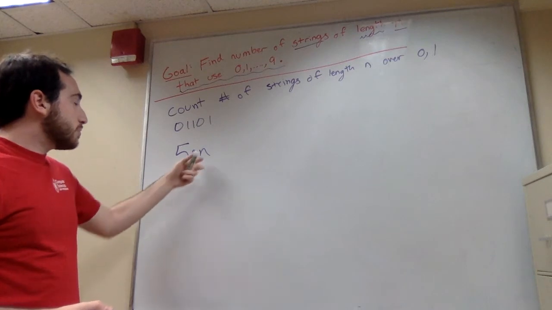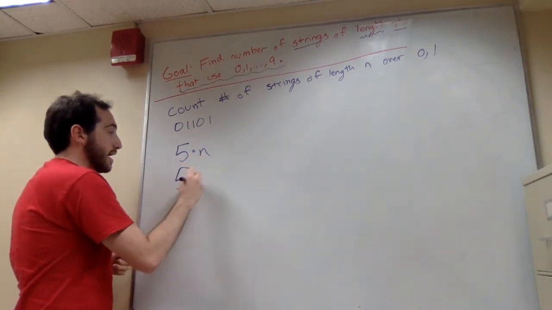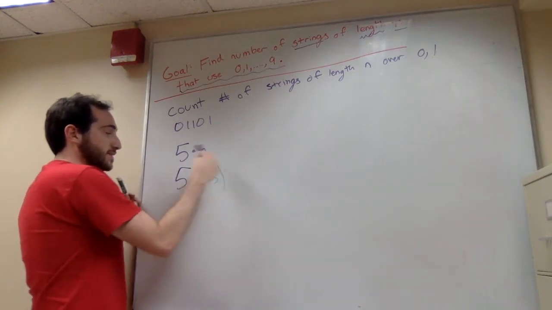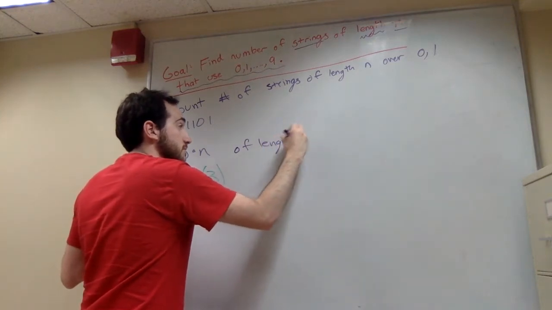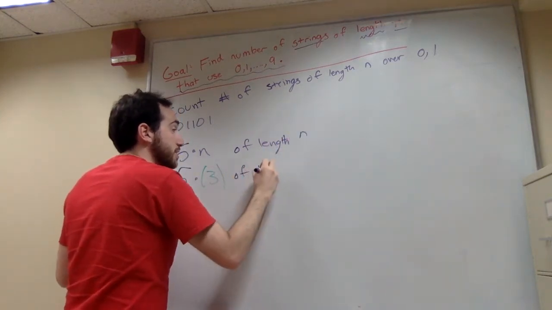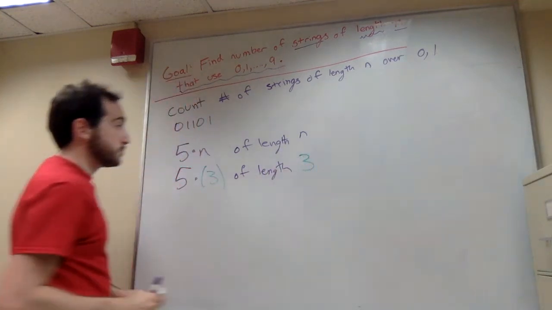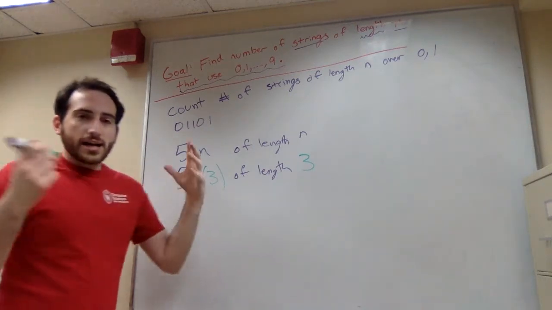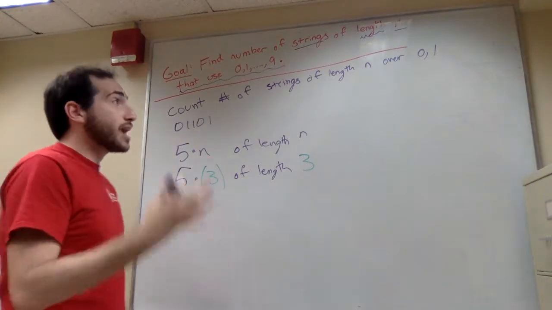And then when we plug in 3, then it'll be 5 times 3. So it's 5 times n of length n, and 5 times 3 of length 3.